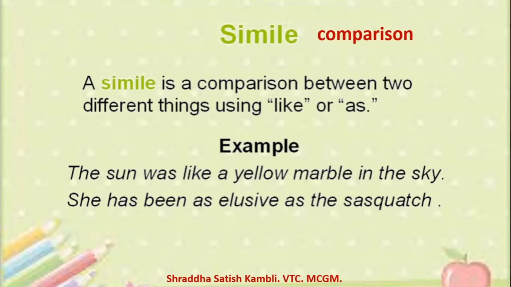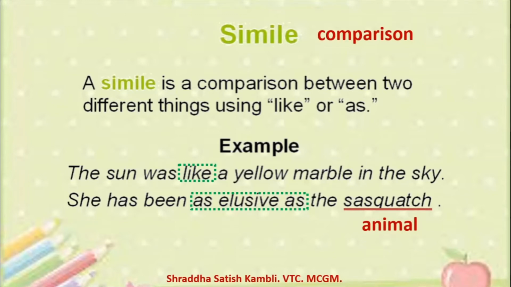She has been as elusive as a Sasquatch. Now what is a Sasquatch, you might wonder? It is actually an animal. Now this animal, Sasquatch, some people say it is there, some people say it is not there.